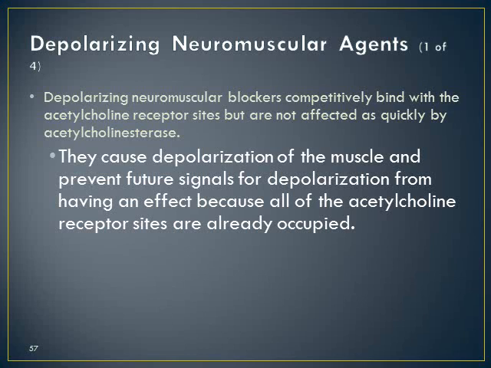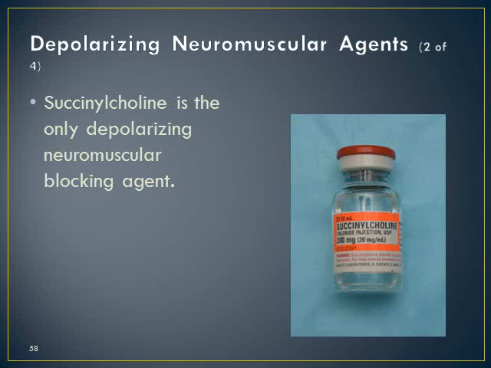So basically, they sit there and they block any further acetylcholine from coming in contact. That's the way a depolarizing neuromuscular agent works. There's only one of them that we give. That's succinylcholine.